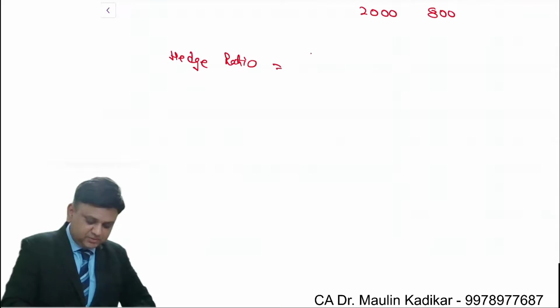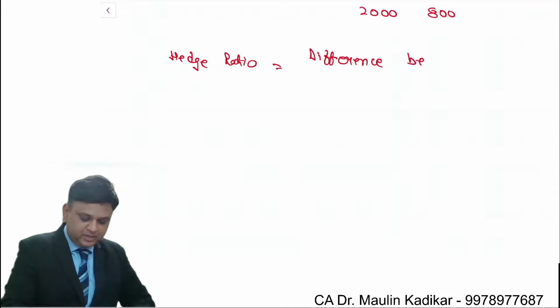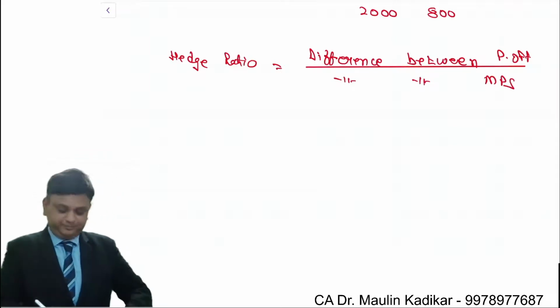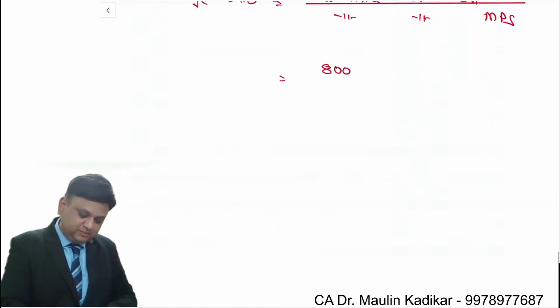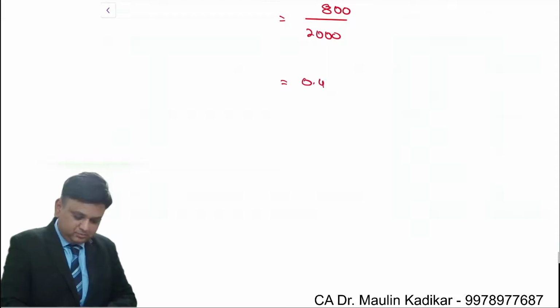Hedge ratio is the difference between payoff upon the difference between the market price of the share. So it is 800 divided by 2000. So it is 0.4 share.